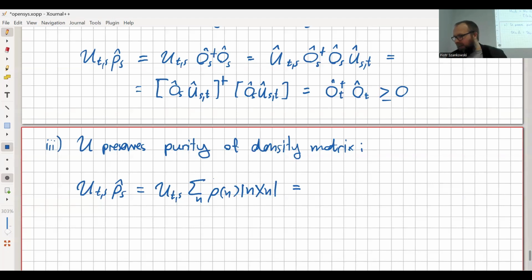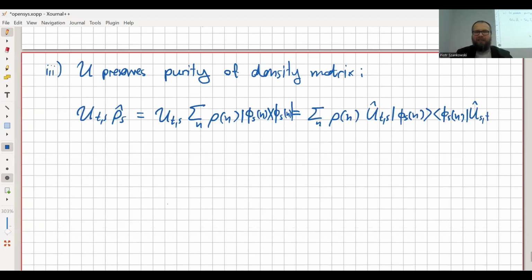And again, using the identity, we get U_TS. Sorry, I would use a little bit different notation here, because these are eigenvectors of the density matrix at time S. So let me just keep track of time. Psi_S^m, U_ST.